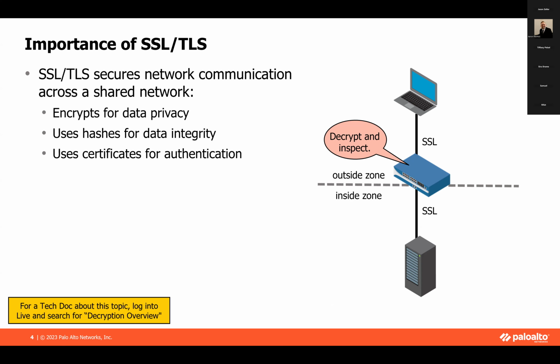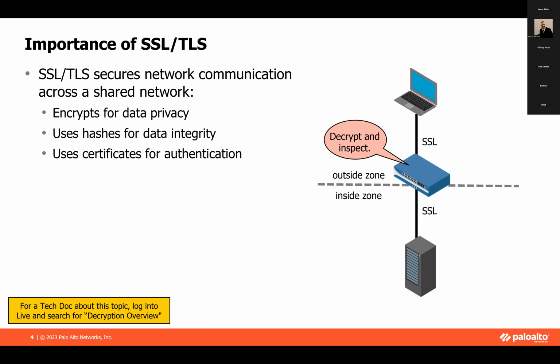It allows us to encrypt for data privacy, using hashes for data integrity, and uses our certificates for authentication. So on the outside world, this means we have it on our inside zone, we have it on our outside zone. Our Palo Alto is going to do what we know as a man-in-the-middle attack, so to speak, where we take the certificate that comes from the internet, sign it as ourselves, and then ship it down to the client user on the inside.